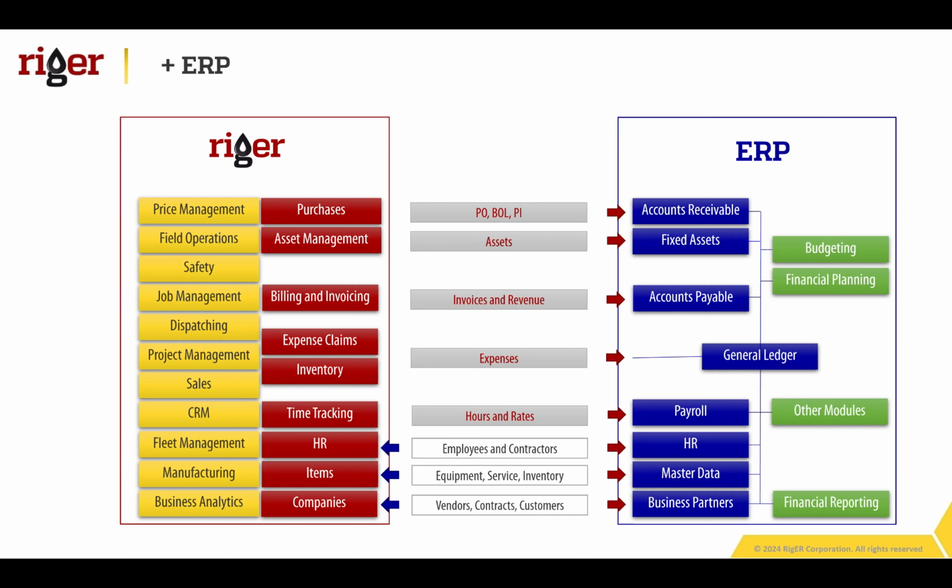Time tracking, hours and rates go to the payroll, and of course we exchange information about employees and contractors with the HR module or different HR systems, which is another future integration that we already see. The equipment, service and inventory we call items, and companies, vendors, contractors and customers are exchanged as well.